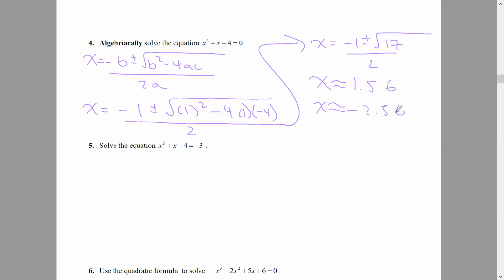If you didn't get those 2 values, that means you're putting something in your calculator wrong. Go back, try again. Keeping in mind, one more time, that I could just graph that right there. And if I graphed it, those are going to be my solutions. Easy peasy.